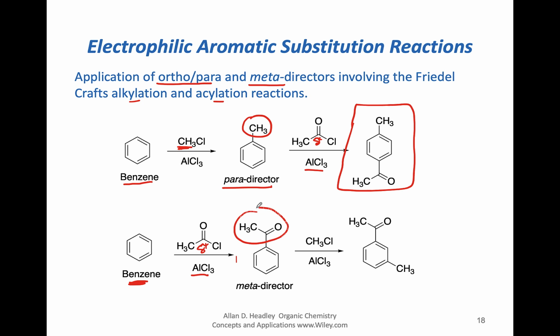This group here is now a meta-director, and if we should do the Friedel Crafts alkylation, this will be the major product. So you know where we're going with this. Synthesis. You can synthesize different molecules or substituted benzene based on the choice of reactions.